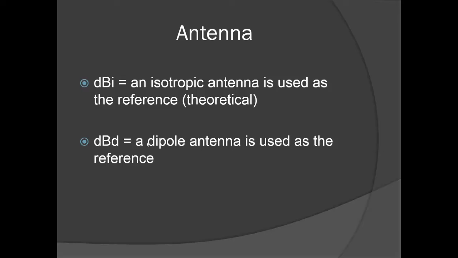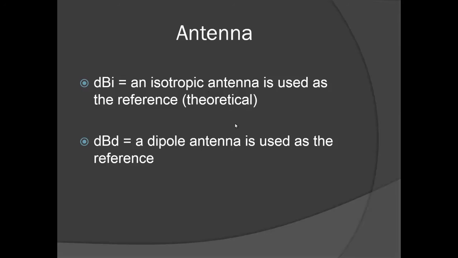Here's this theoretical measurement, and then they compare your antenna to what they think this theoretical thing would be. And then there's also the dipole antenna. Now that's the little crappy antennas that you get on the little blue Linksys home access points. So dBd is a more realistic measure. But sometimes when you see antennas out there, their gain, which is their signal strength, is measured in either dBi or dBd.